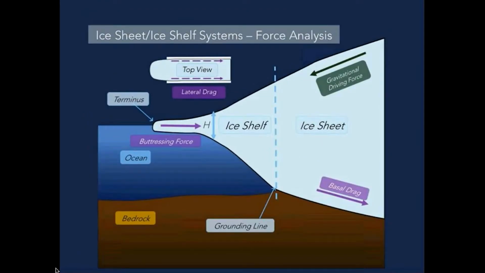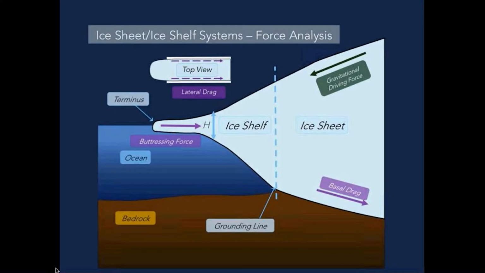And to understand why grounding lines are important, we also have to think about what are the basic forces that are important for an ice sheet, ice shelf system. In a very general sense, you have the gravitational driving force, which is essentially because of the weight of the ice. That's pushing the ice out towards the ocean.